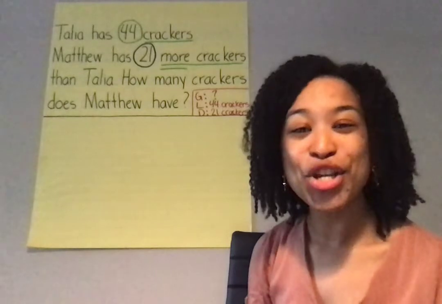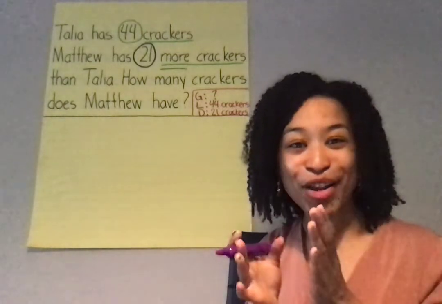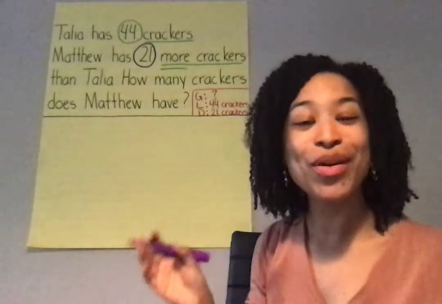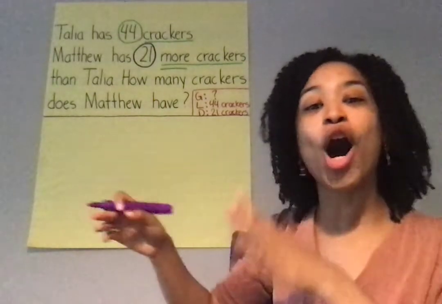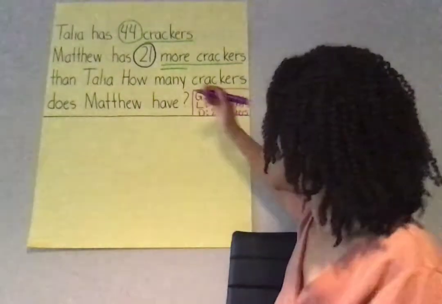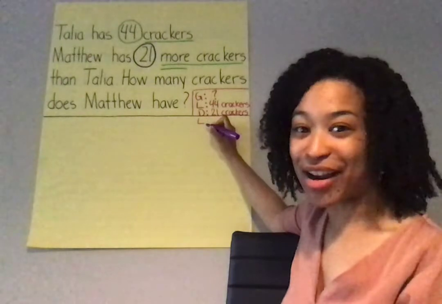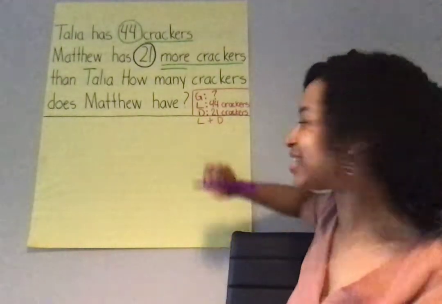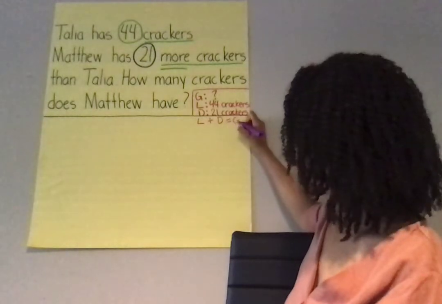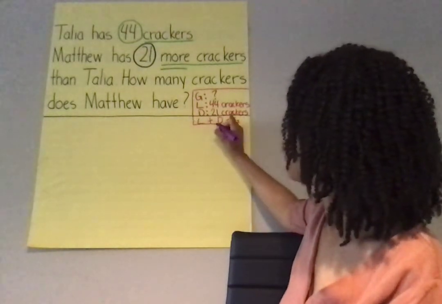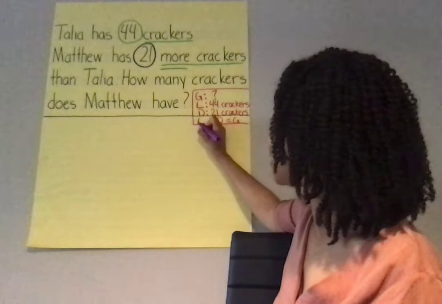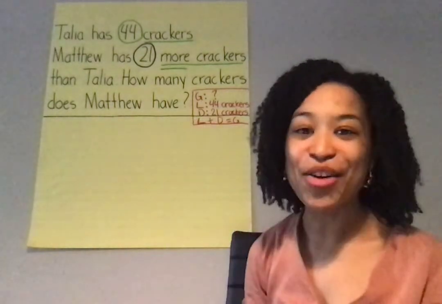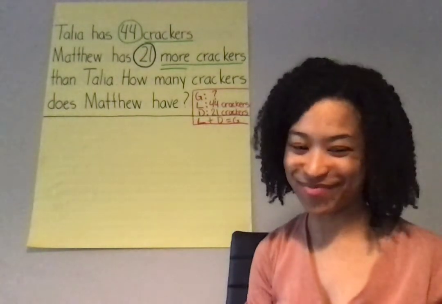Yes, you need to add the smaller amount or the lesser amount with the difference to count on to get to the greater amount. So L, our lesser amount, plus D, our difference equals G, our greater amount. That means that we need to count on.